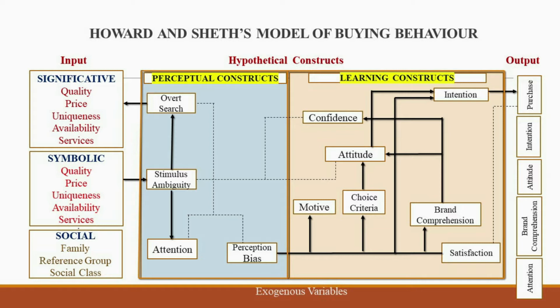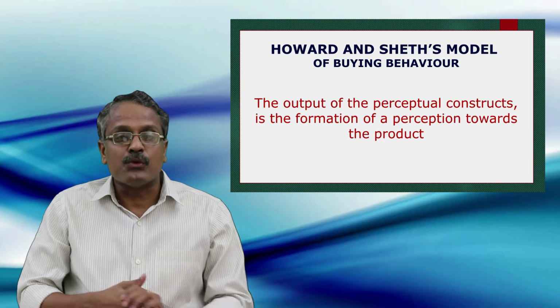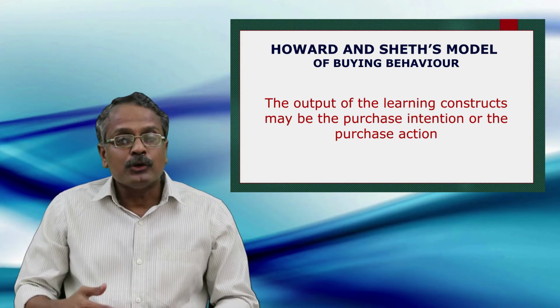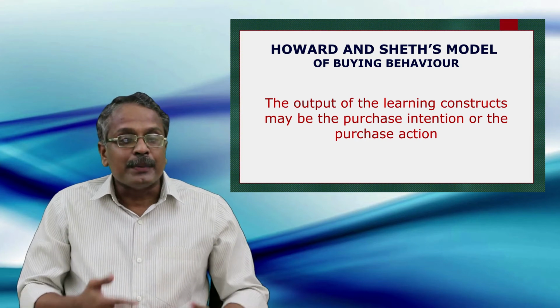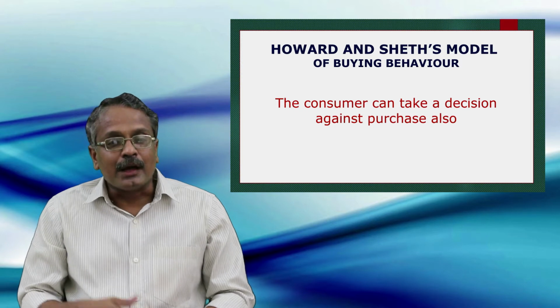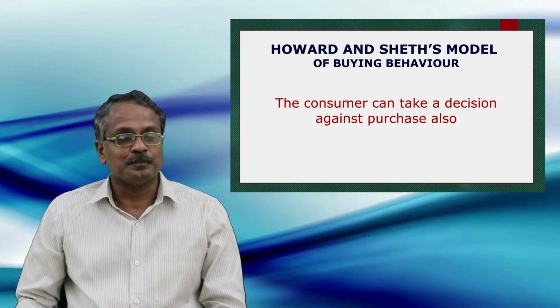The model explains these two as perceptual constructs and learning constructs. The output of the perceptual constructs is the formation of a perception towards the product. The output of the learning constructs may be the purchase intention or the purchase action. The consumer can take a decision against purchase also.